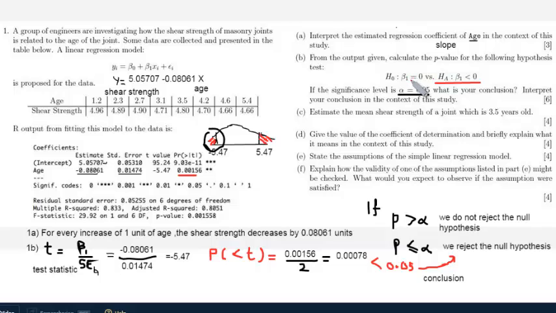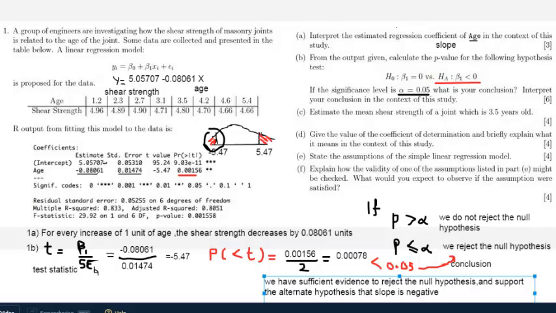So we are rejecting that b1 is equal to 0. And what would the interpretation be? If we are rejecting the null hypothesis, we can say we have sufficient evidence to reject the null hypothesis and support the alternate hypothesis that the slope beta1 is negative.